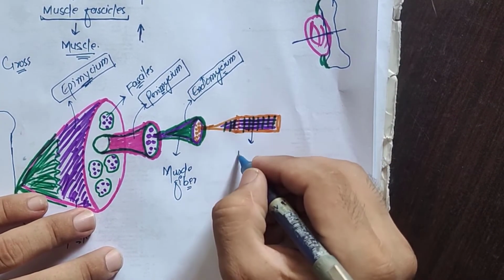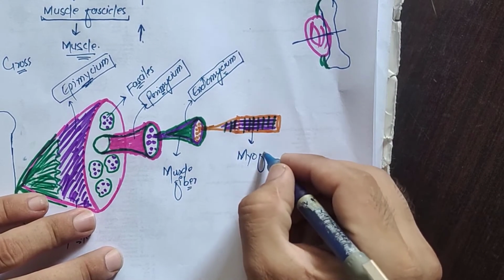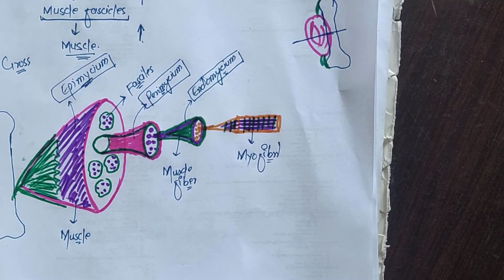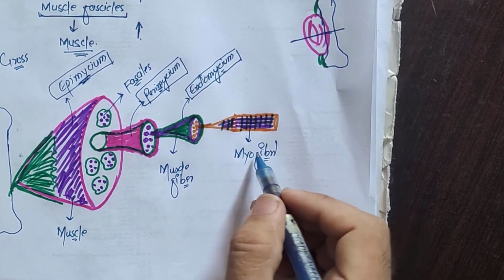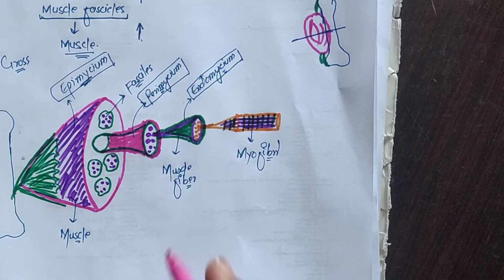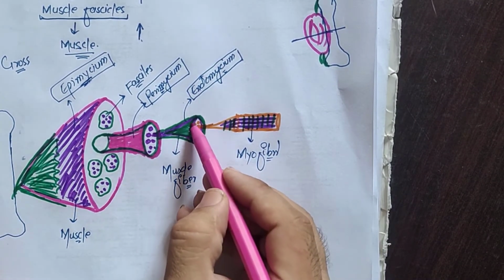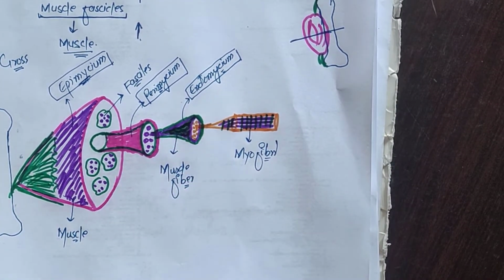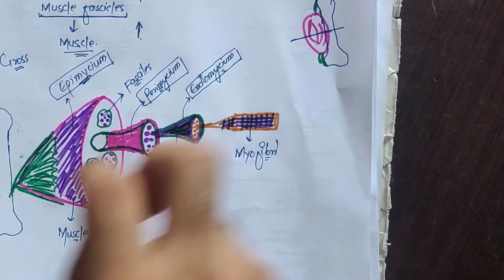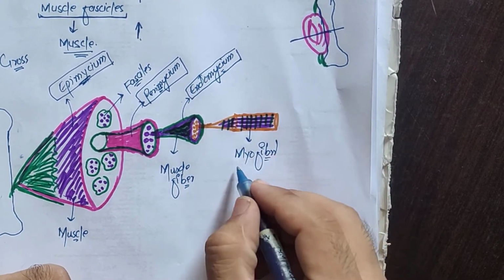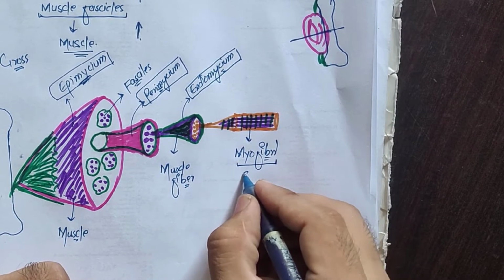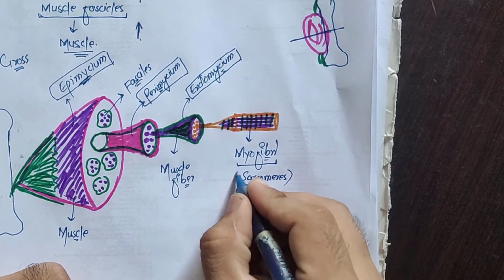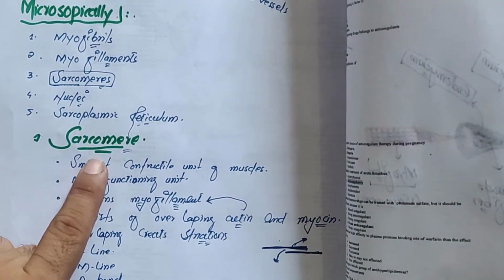So what is this? This is myofibril, right? Now here in the muscle fiber we also have the sarcoplasmic reticulum. I will discuss about it later, right? And this one myofibril, I'm talking about one, contains sarcomeres, which I had told you in the previous lecture.